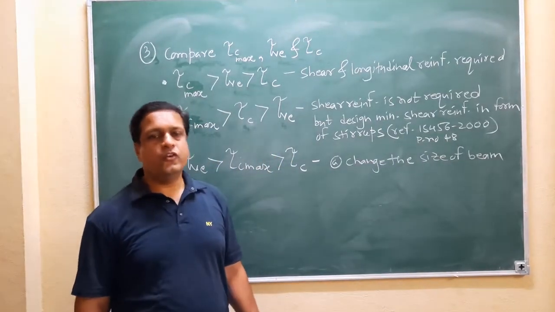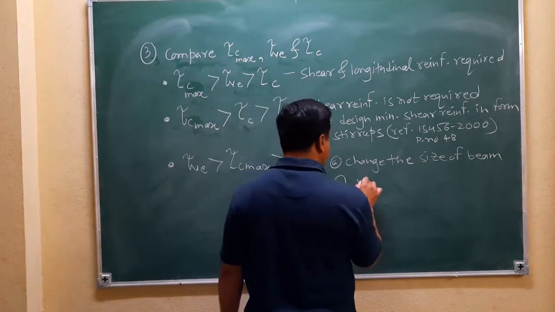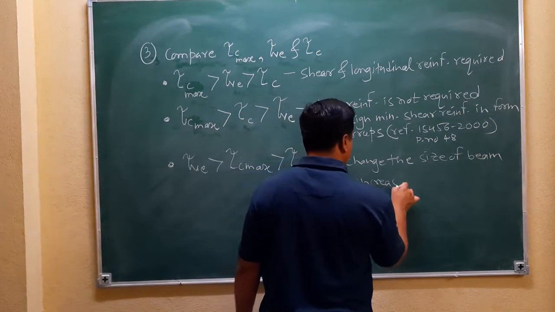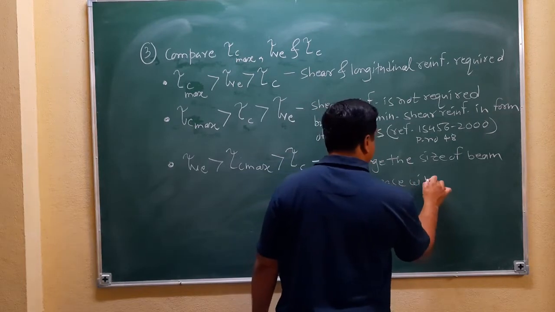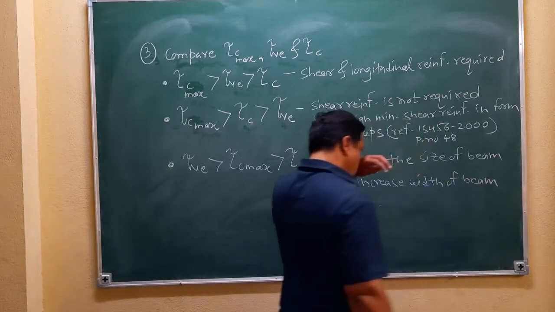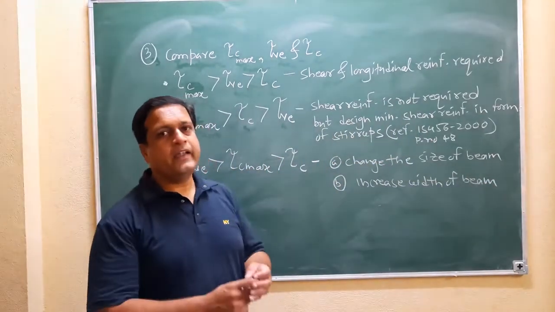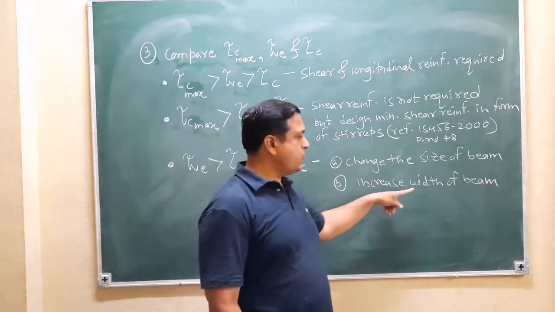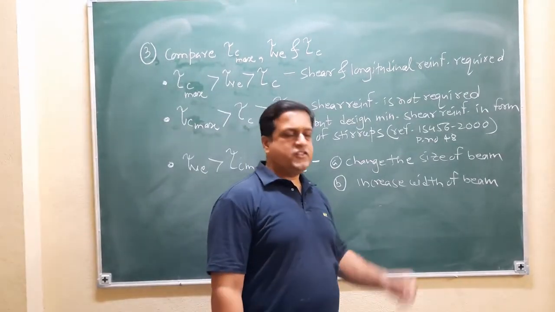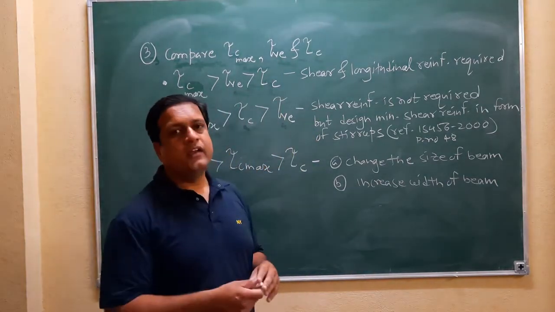That means you have to redesign the section. Or increase width of beam. By increasing width of beam, the effect of equivalent shear force reduces and the value of tau VE reduces.